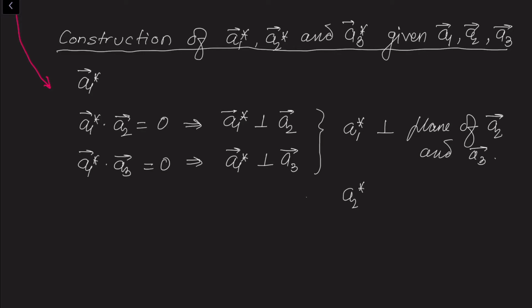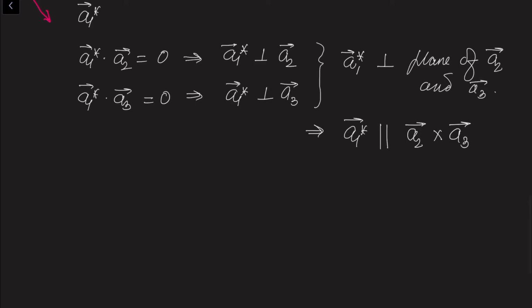So from this we can conclude that A1 star is parallel to A2 cross A3, because that is one vector which is perpendicular to the plane of A2 and A3.